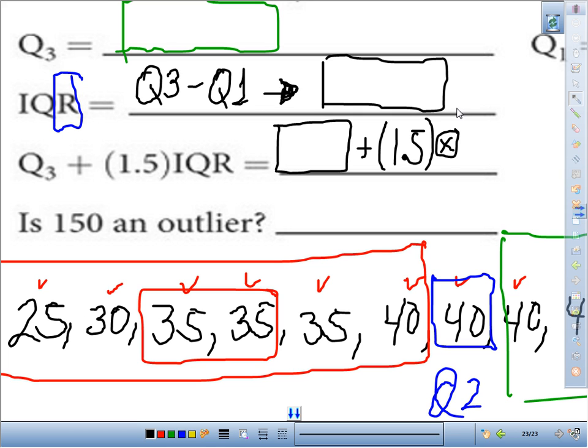Look at your iPad, what was your IQR, and type it right here, and then press equal. Don't say it out loud, keep that to yourself. And then answer the question, is 150 an outlier? See what you get, and I want you to send me that information as soon as you have it.